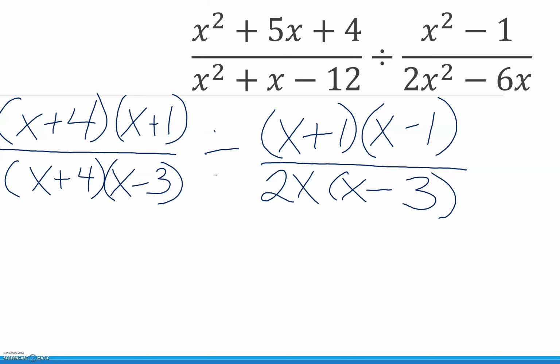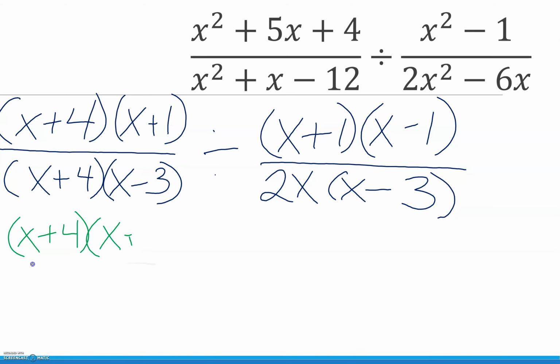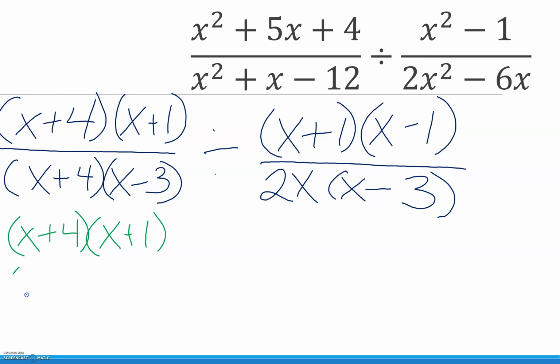Now, since we're dividing, that means we have to multiply by the reciprocal. So the first fraction doesn't change. That's going to stay the same. x plus 4 times the quantity x plus 1 over x plus 4 times x minus 3.